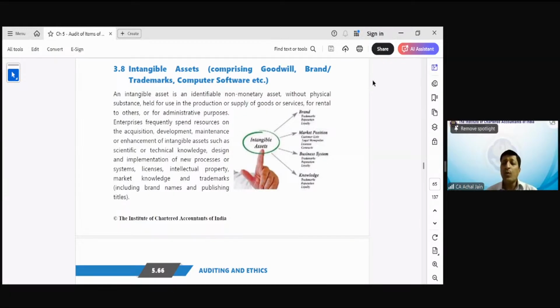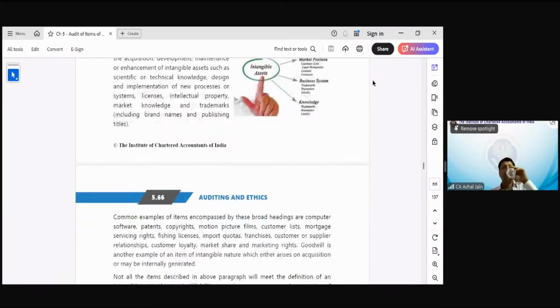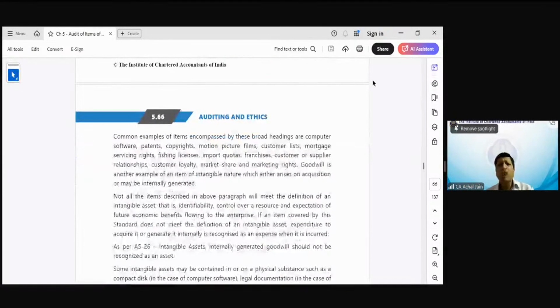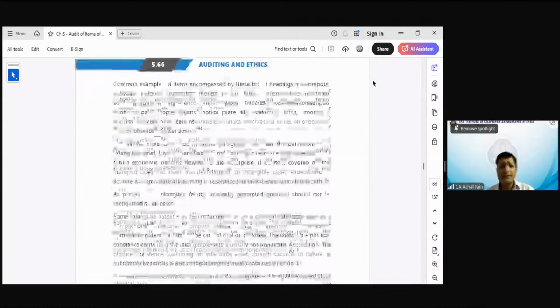Now, in relation to these intangible assets, the entity should have control and they should be separable, which means the entity should have a capability to sell them. So this is more about the definition.